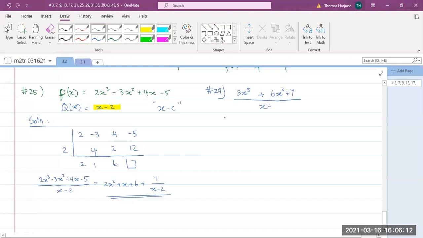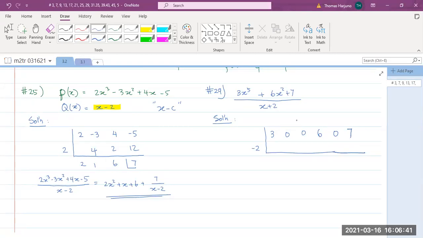So synthetic division, because the divisor is x minus c, where c is negative 2. 3x to the 5th plus 0x to the 4th plus 0x cubed plus 6x squared plus 0x plus 7. Okay, notice that we have a lot of placeholders. Be very careful. Now then we will divide.